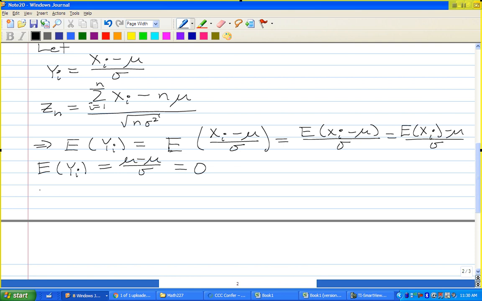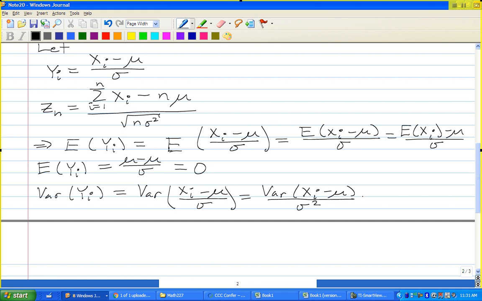The variance of yi is just the variance of xi minus mu over sigma, which, by the properties of variance, assuming that sigma is not 0, is the variance of xi minus mu over sigma squared.